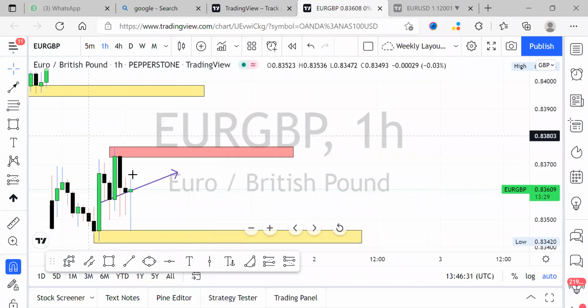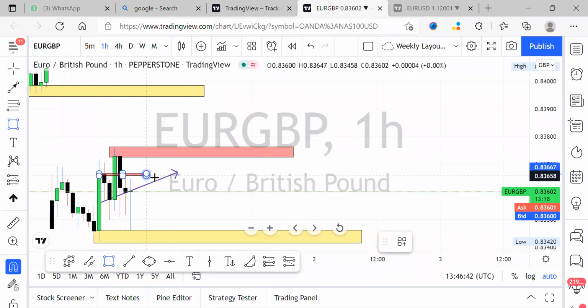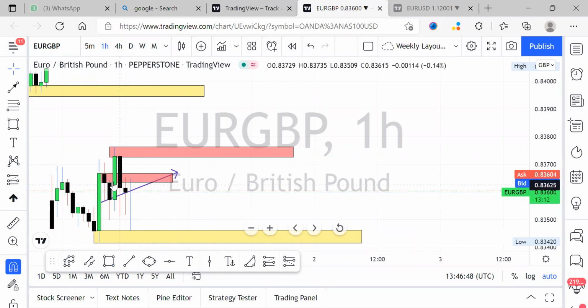Also, if you look carefully, there are other zones within that zone. Price went up to here, then it went down, so we've got a zone here. I'm only interested in that black candle's body.